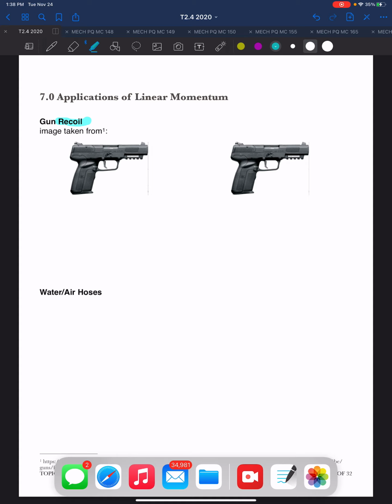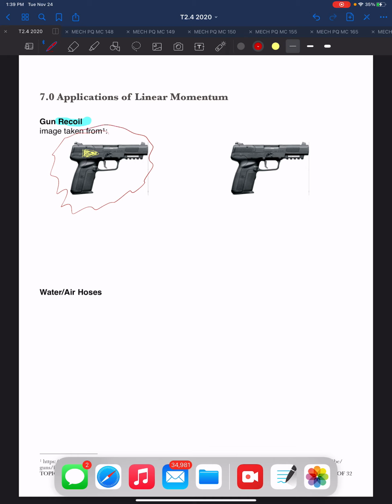So what we have in the first image here is a gun with a bullet inside, like so. And so we have our system, which is the gun bullet system.